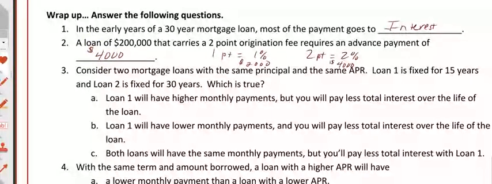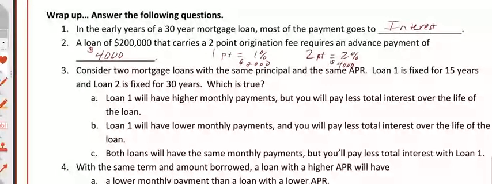Okay, let's look at the next situation. Consider 2 mortgage loans with the same principal and the same APR. Loan 1 is fixed for 15 years and loan 2 is fixed for 30 years. Which of the following statements is true? Loan 1 will have a higher monthly payment, but you will pay less total interest over the life of the loan. Loan 1 will have a lower payment and you will pay less total interest over the life of the loan.